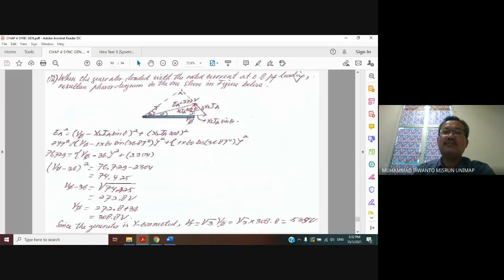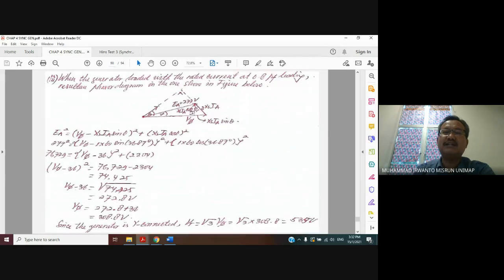Okay, and then we look at this triangle, starting here and then perpendicular here.